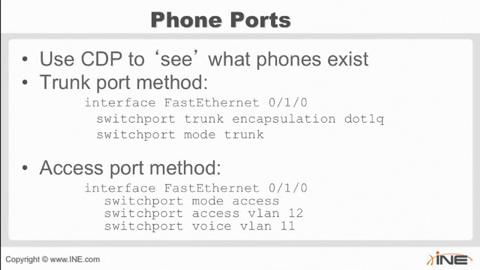For phone ports, it's a good idea to use CDP to see what phones exist and where. Note that in the actual CCIE Voice exam, all testing centers, including San Jose, have layer 2 trunks or layer 2 VPNs, really, back to all of the hardware. So around the world, all of the hardware actually exists in San Jose.